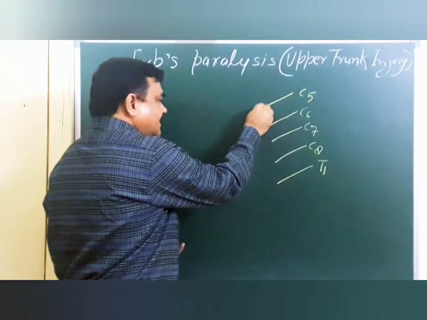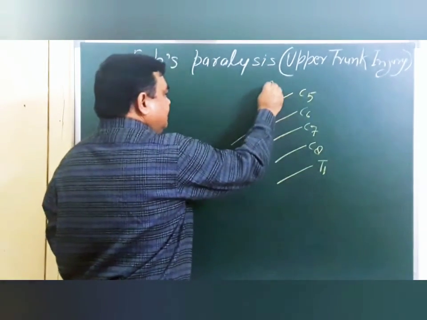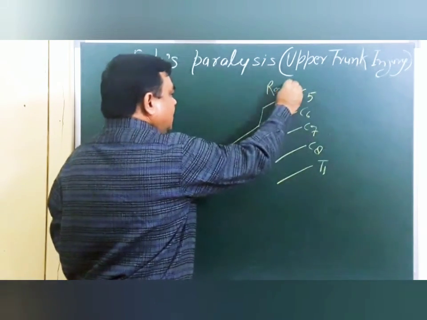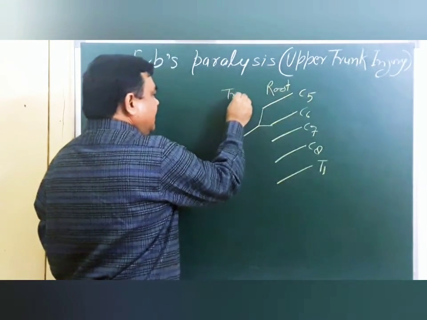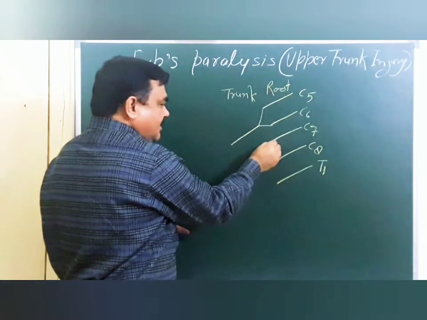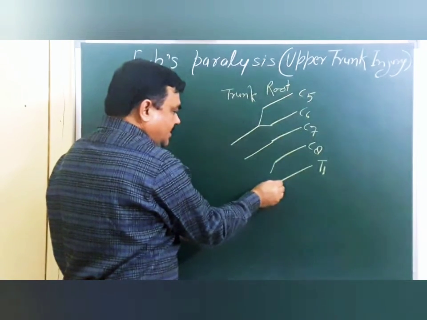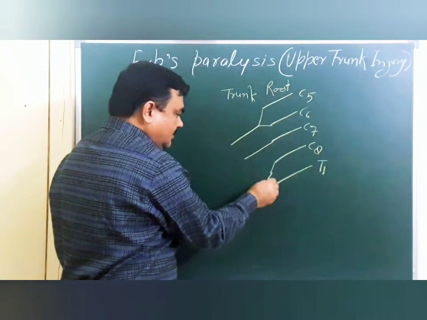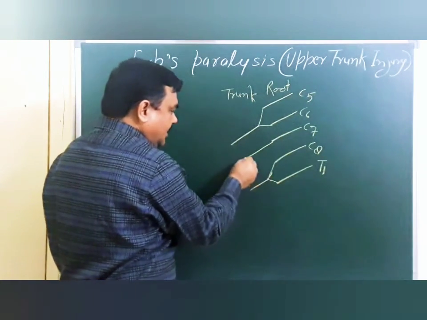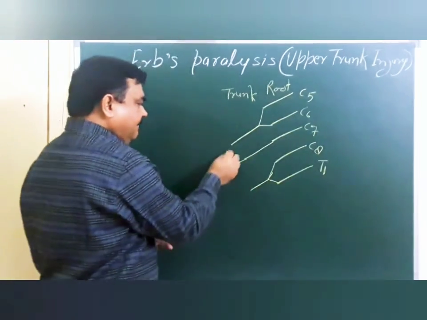C5 and C6 join to form upper trunk. This part is root and this part is trunk. This is upper trunk. C7 continues as middle trunk. C8 and T1 join to form lower trunk. This is upper, middle and lower trunk.